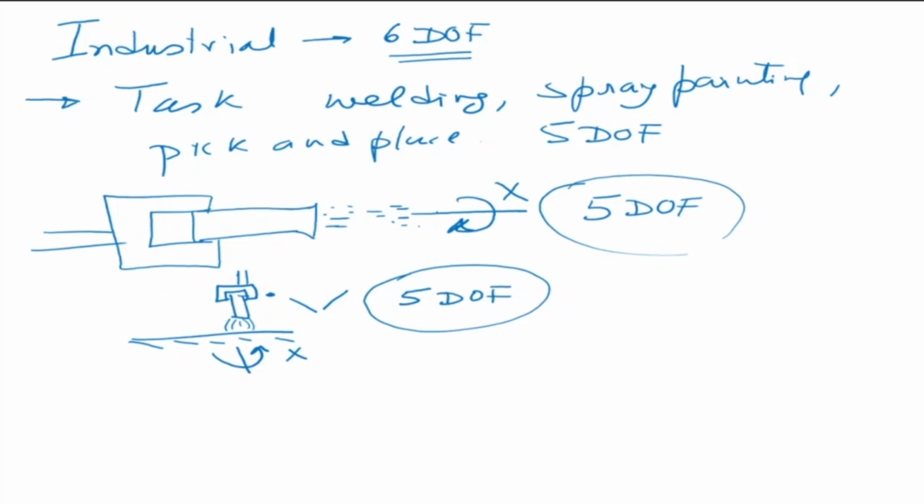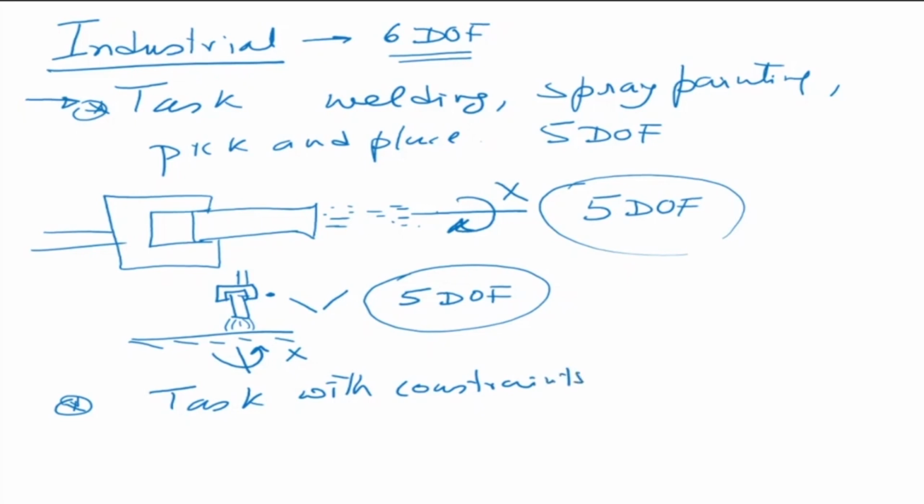So we have seen that depending on the task, we define the degrees of freedom. Again, depending on the task, there may be constraints that the task is going to impose. So, for example, a task with constraints. Say the robot has to get inside a very narrow passage like this and pick up an object from here.